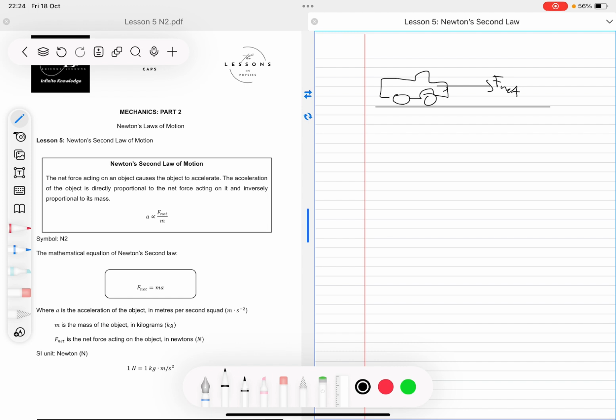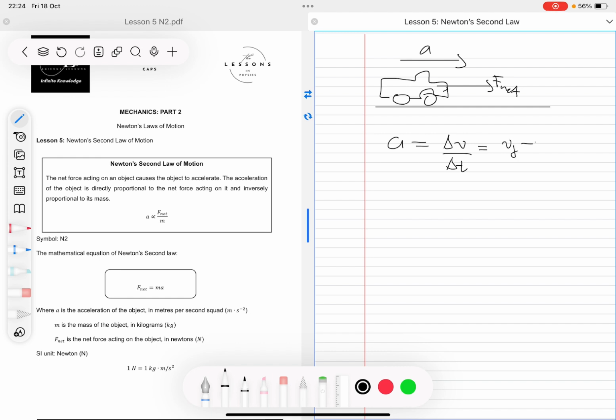So this net force in this situation will cause the object to have an acceleration A. Remember that the acceleration is the rate of change of velocity.